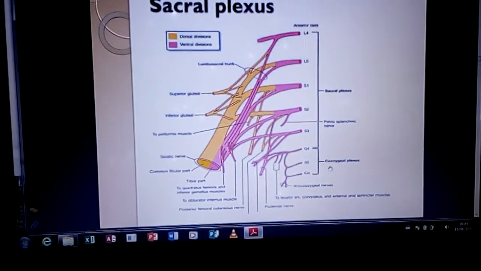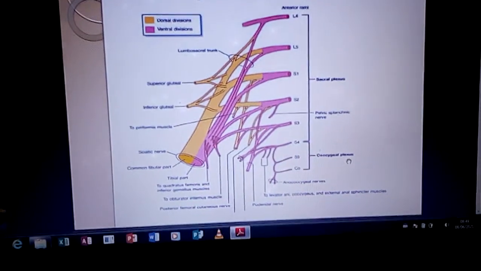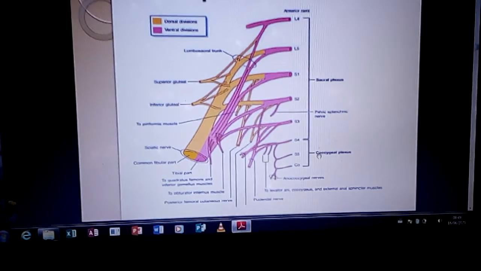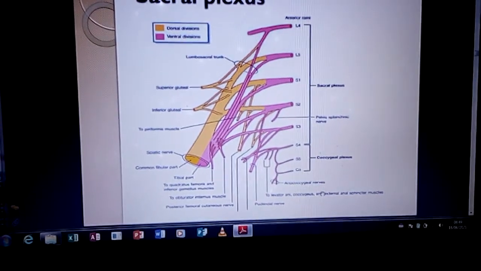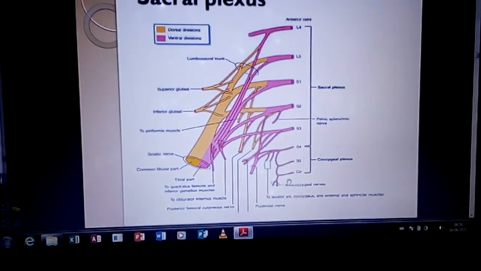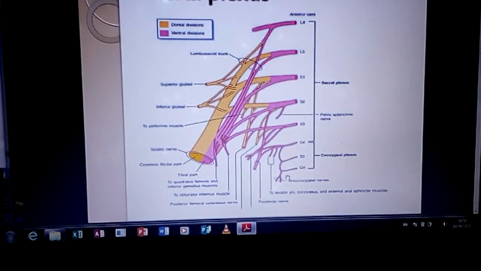And lastly, we've got the coccygeal plexus, which innervates the lower limb and part of the pelvic.